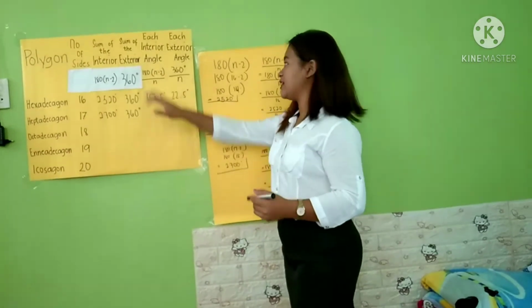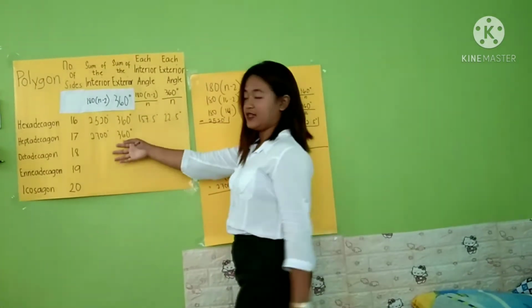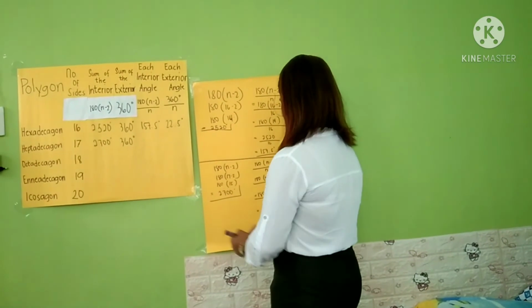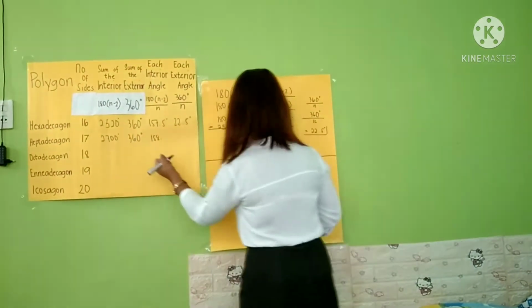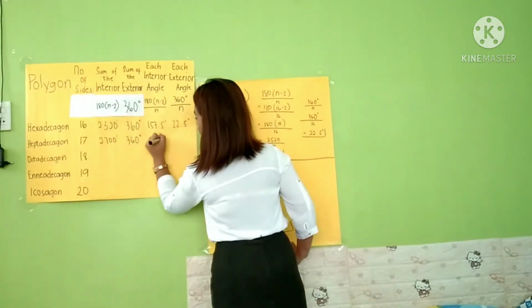We write 158.82 degrees beside the heptadecagon.